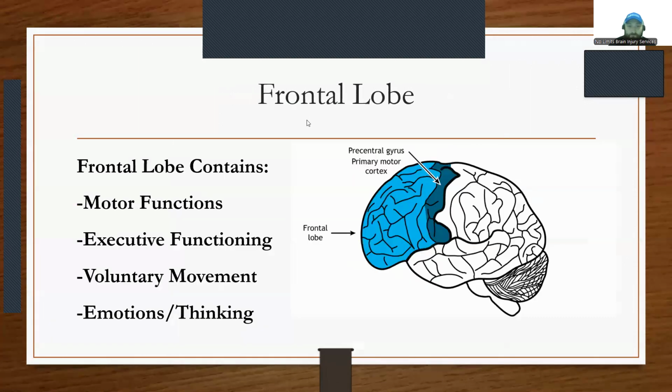So the frontal lobe, which is this area from what they call the motor cortex all the way around, and it stops here at the temporal lobe over here. So this is all the frontal lobe. And again, the frontal lobe contains a lot of different things, and we're looking at a lot of motor functions.